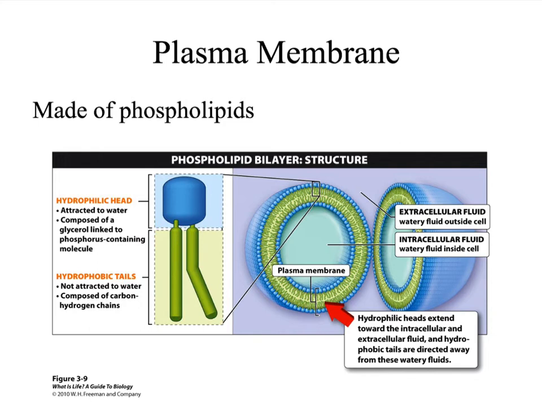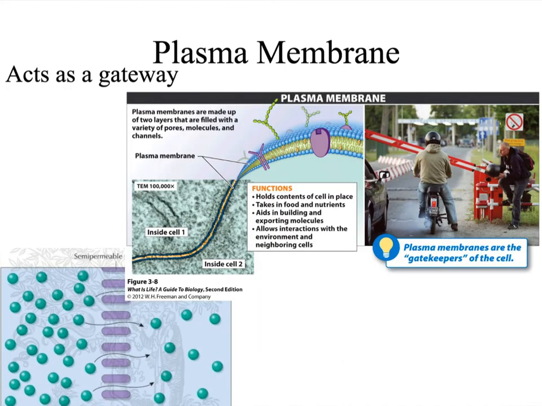So phospholipids will form a bilayer where these fatty acids will hide in the center while the phosphate heads face the water, both on the outside of the cell and on the inside of the cell. So plasma membranes are made up of a phospholipid bilayer. The plasma membrane also acts as a gatekeeper.